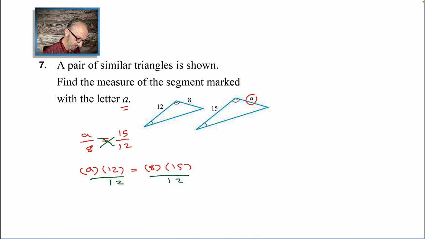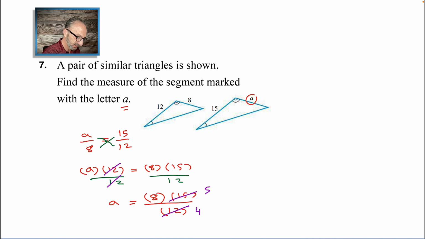The left side, 12 cancels, so we get A by itself. Right side is 8 multiplied by 15 divided by 12. We could reduce our numbers by doing the following. We could divide 12 by 3 and we get 4. We could divide 15 by 3 and we get 5.